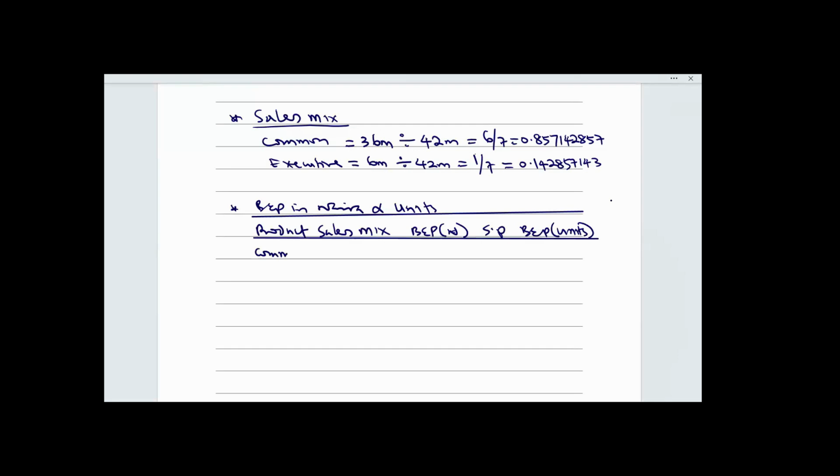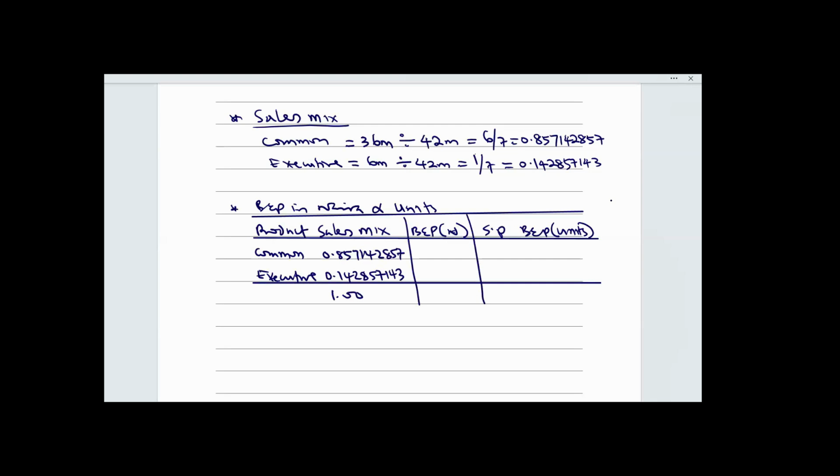Common, executive. Here is 0.857142857. Here is 0.142857143. So when you add it up, it must be equal to 1. So here is 1.